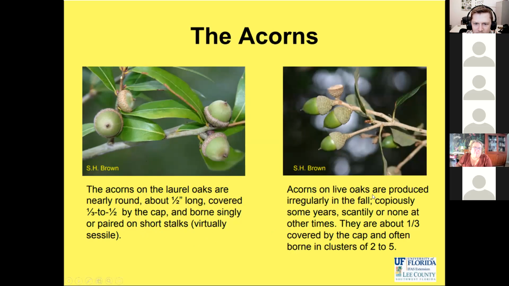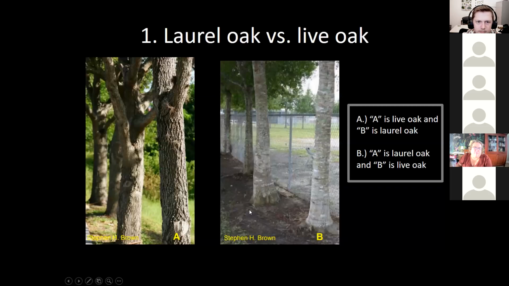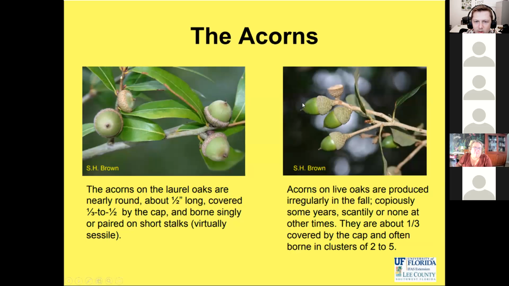And then live oaks are produced irregularly. They are about 1/3 covered by the cap typically, and they're usually in little clusters. But you can see that they're longer as well.